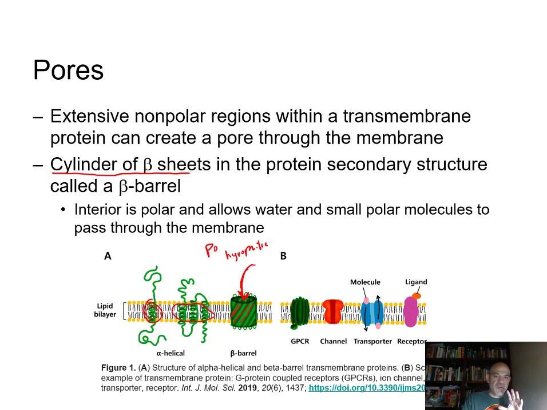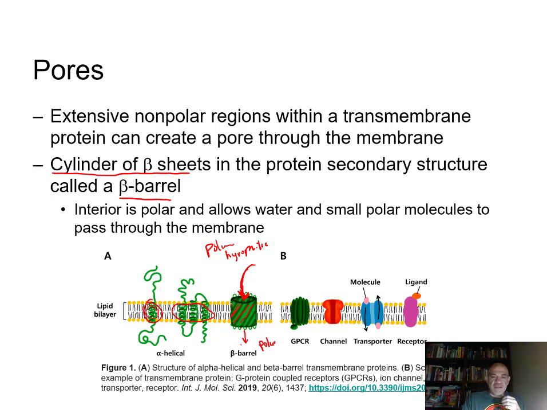It's probably better to say polar environment. And if you have a polar nature on the inside of this beta barrel, they call them. Okay, so that cylinder is called a beta barrel. On the inside, then that means water and any components can move through here quite nicely to the other side, where we also have a polar environment on the other side of the membrane.